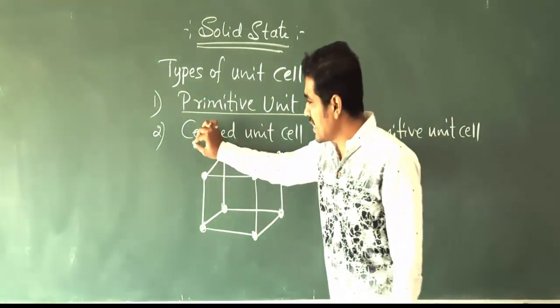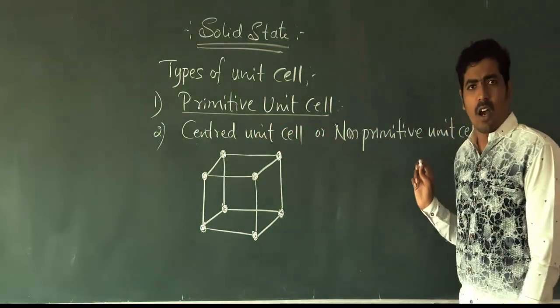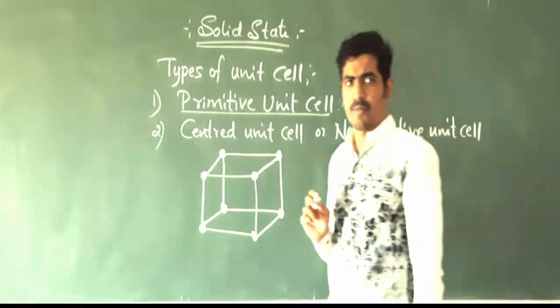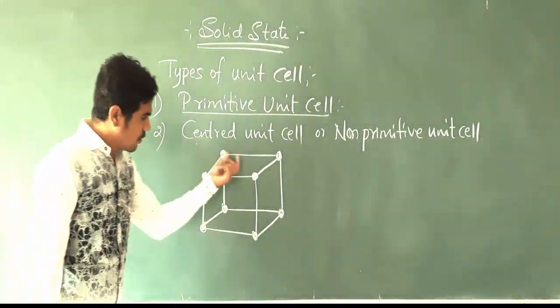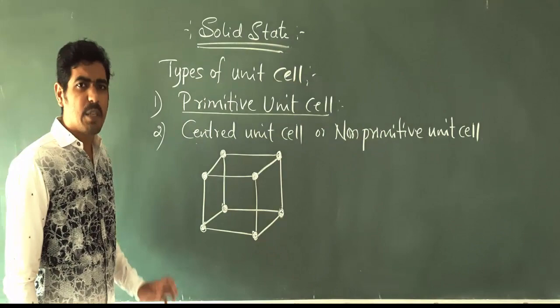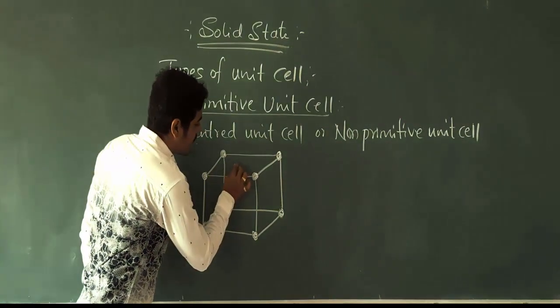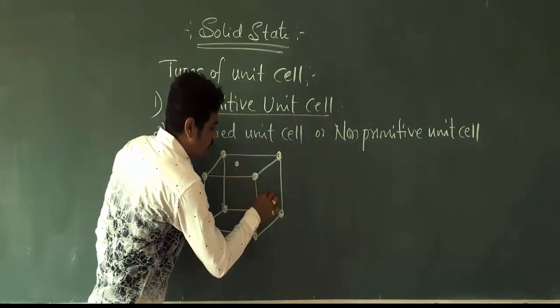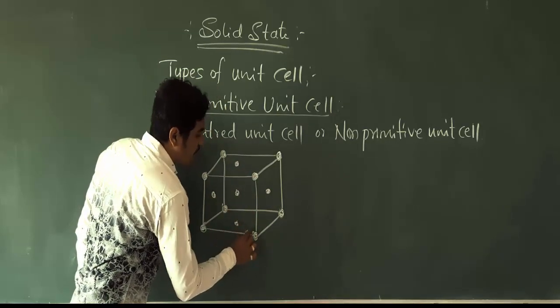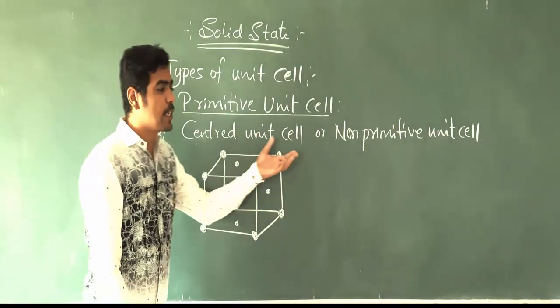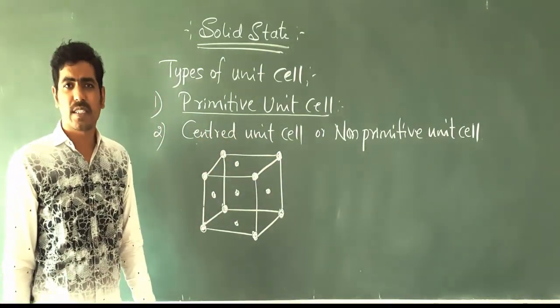Then the second type is the centered unit cell or non-primitive unit cell. This type of unit cell means that along with the corners, the particles are present at other positions in the unit cell. Then such a type of unit cell is said to be a non-primitive unit cell or centered unit cell.